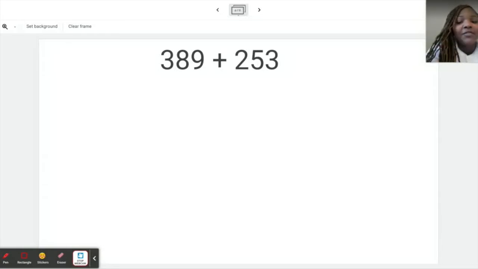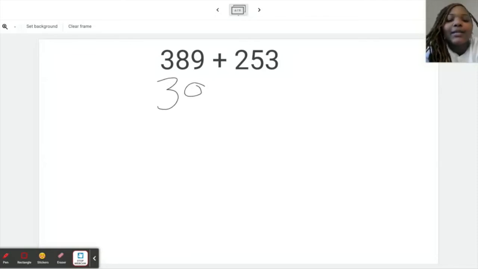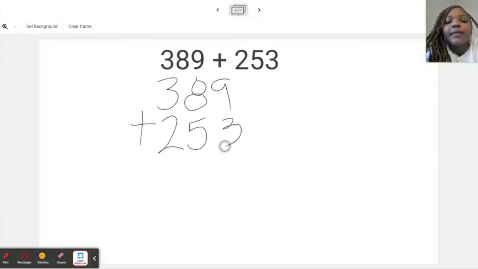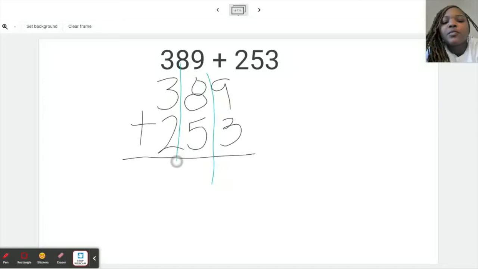Go ahead and write that the vertical way. 389 plus 253. And as I always do, go ahead and separate your ones, your tens, and your hundreds.